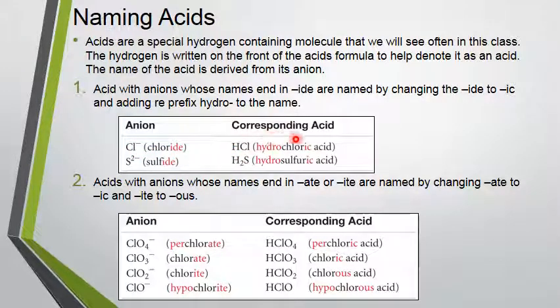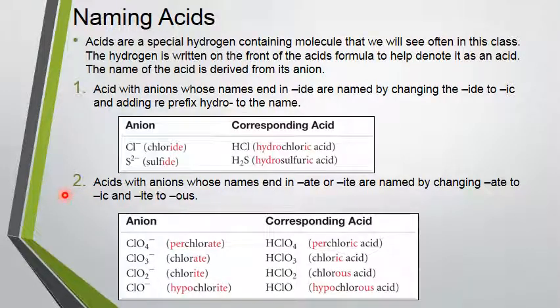So we would call this hydrochloric acid. The "ide" changed to "ic", and we add hydro as a prefix. Another example, H2S. Sulfur is our anion. The name for that is sulfide. So we change it to hydrosulfuric acid.